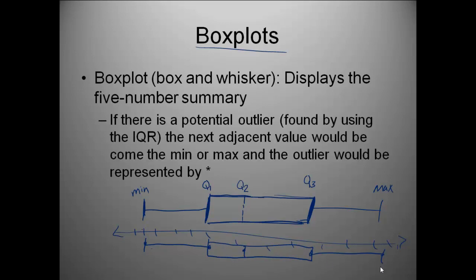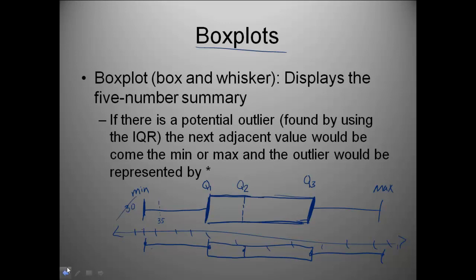Now with box plots, if there is a potential outlier, and that's by using the interquartile range, the next adjacent value would become the minimum or the maximum, and the outlier would be represented by an asterisk. So let's say that this value right here was 30, and my cutoff was at 35 for potential outliers.